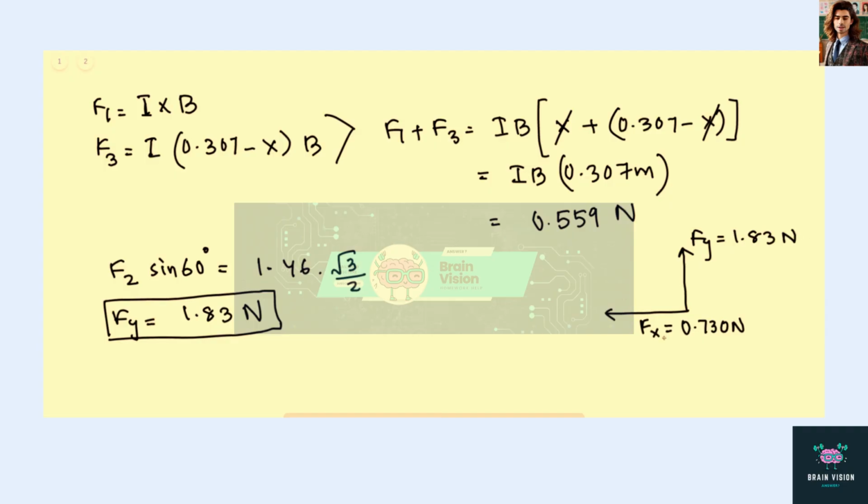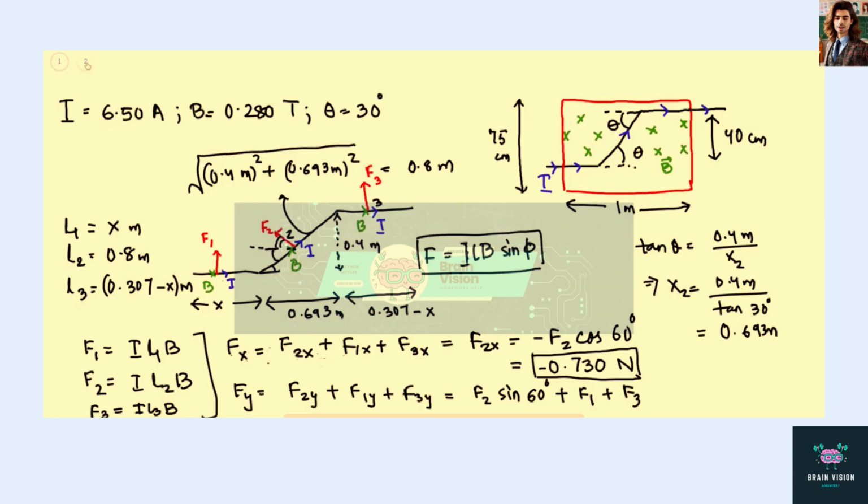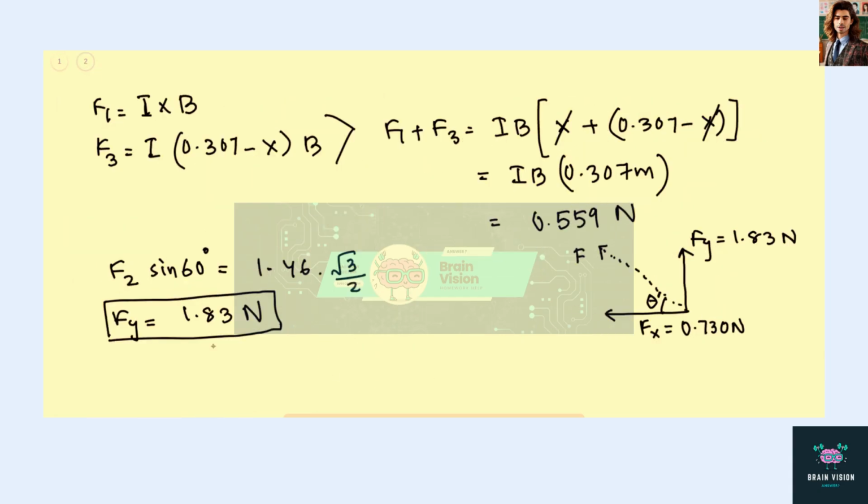Now from here we can say that the net force is going to point in this direction. And let's call this angle theta dash, because I have already taken theta to be this angle. So F, the magnitude of the net force, will be the square root of Fx squared plus Fy squared.